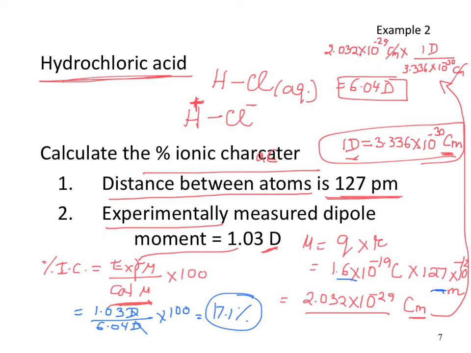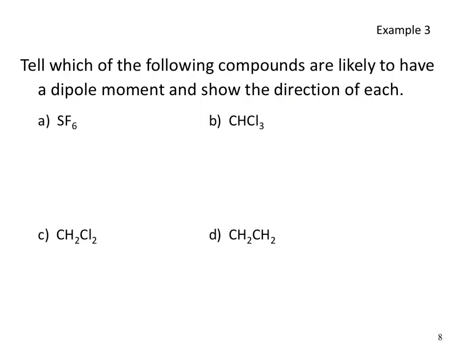When you multiply, carry out the math, the value you end up getting is 2.032 times 10 to the negative 29. And we divided it by 3.36 times 10 to the negative 30 to convert it into dBi so that I compare that value to the experimental value of 1.03. And that's what I plugged in the end for the percentage ionic character, which came out to be 17.1%.